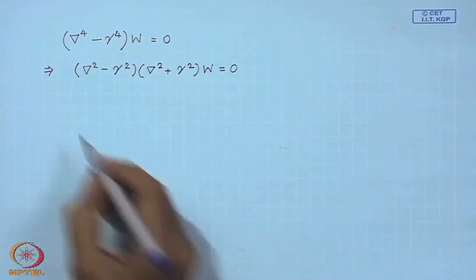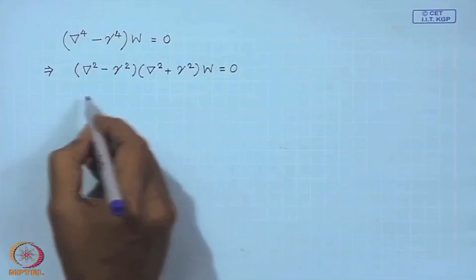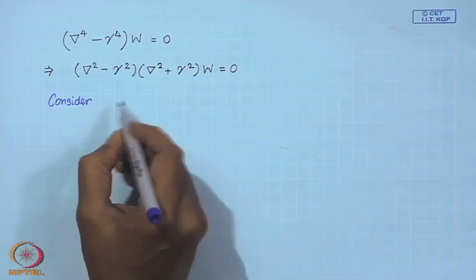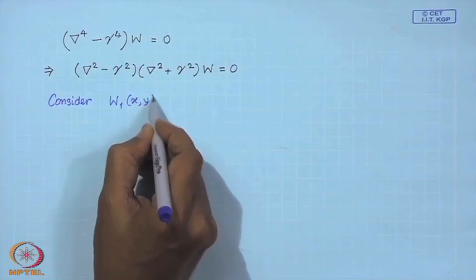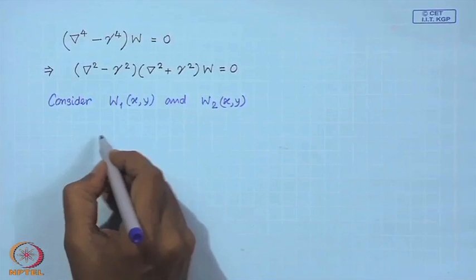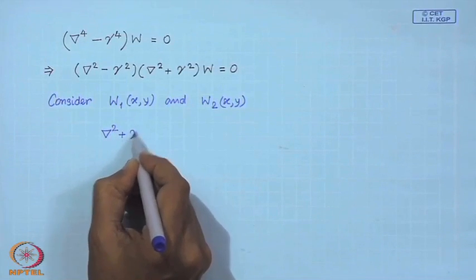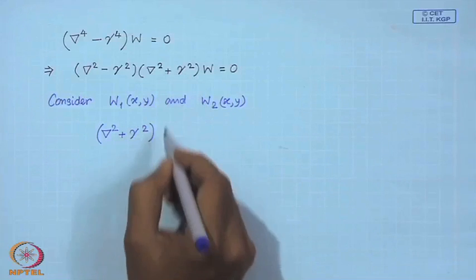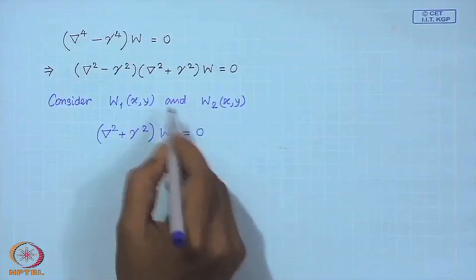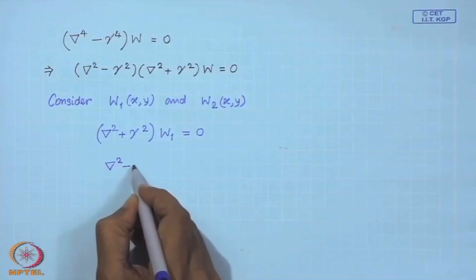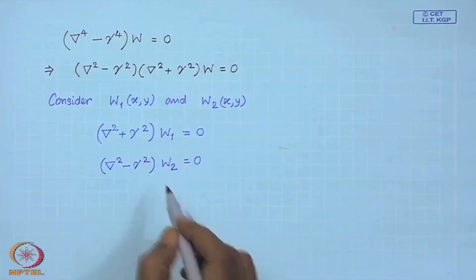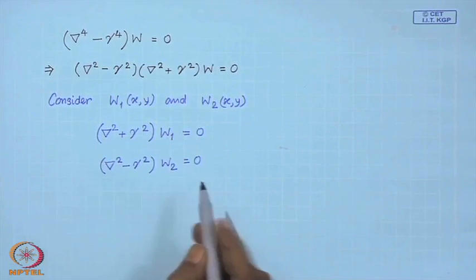So, then if I consider two functions such that this operator operating on W1 is 0 and W2 is such that this operator operating on W2 is 0, so these two functions satisfy these differential equations.